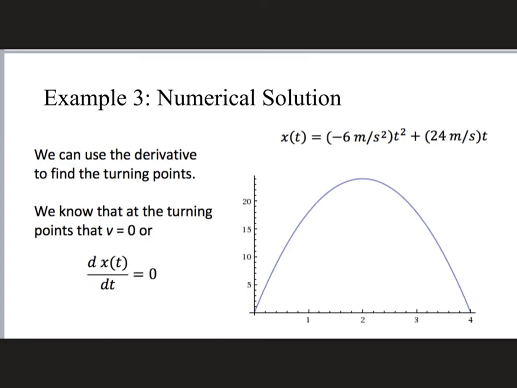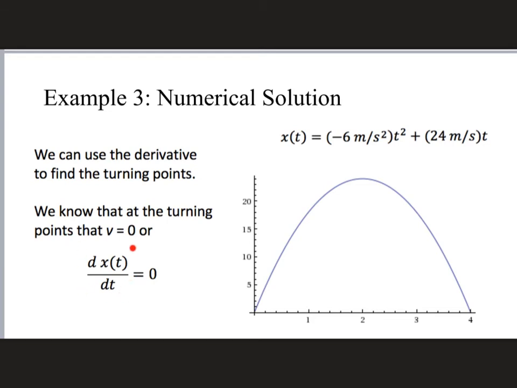Solving it graphically, because of the symmetry of the parabola, we're pretty confident about our answer, but you won't always know if a function is symmetric like that, and finding the turning points using a graph can involve a lot of error and uncertainty. We can actually calculate the exact value numerically, because we know from calculus that at any critical point, or in this case a turning point, the derivative of the function equal to 0 locates the turning point.